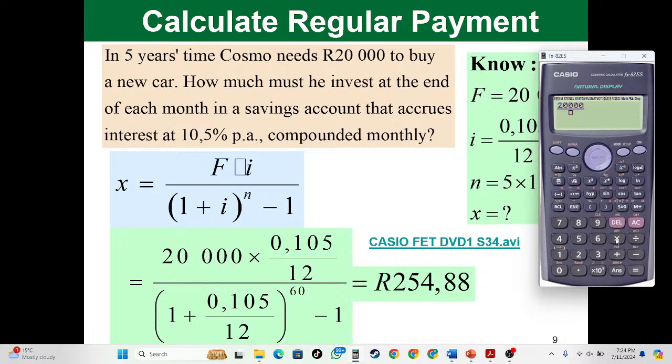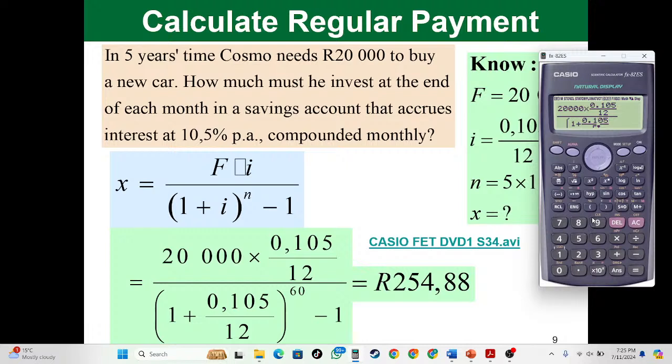He's got an idea of how much he wants to save. 0.105 over 12, and then all over, in fraction form, open bracket, 1 plus the fraction 0.105 over 12.